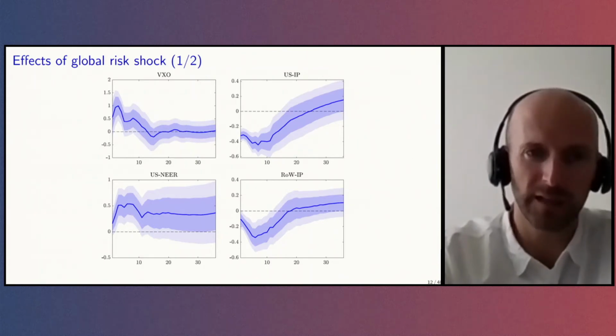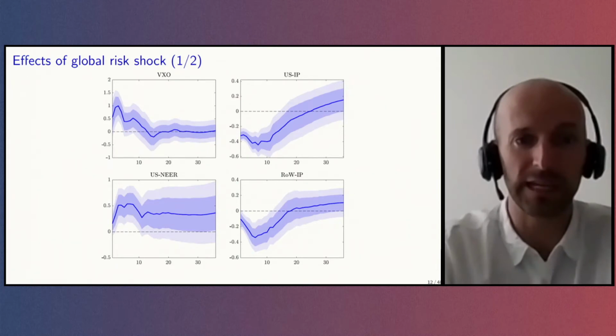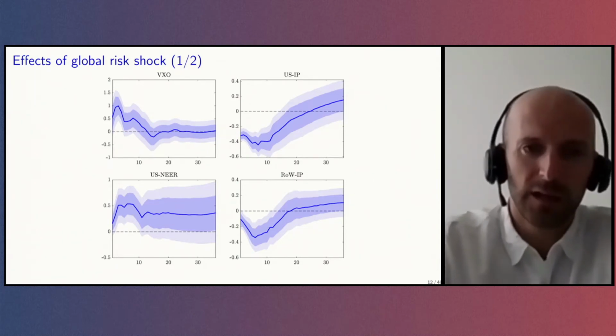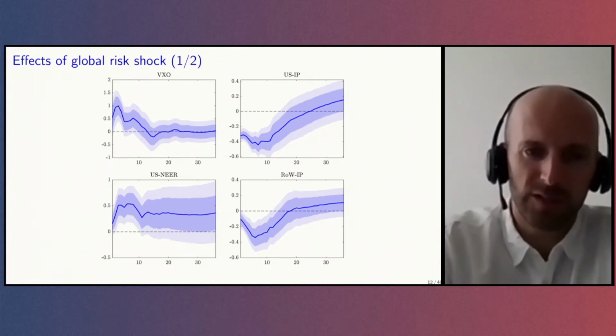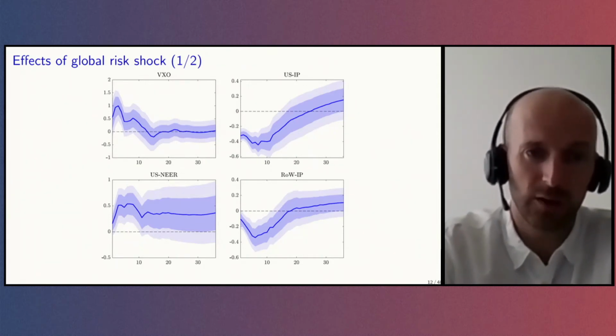So our finding that the VXO goes up is really something that the data are telling us. So these two panels in the first column therefore replicate what you saw on the first slide, but they replicate it with a causal flavor. It's global risk shocks that are causally driving both the increase in global risk aversion and the dollar appreciation.